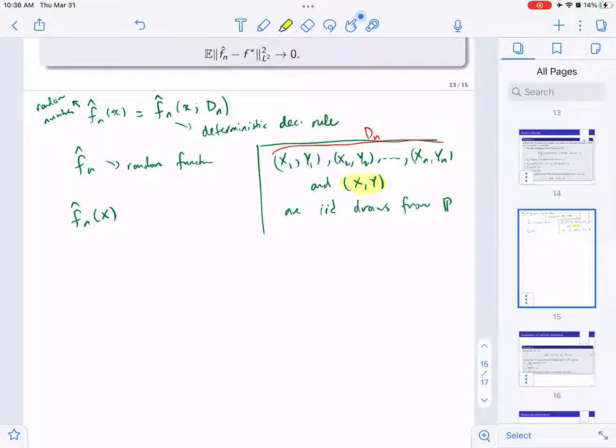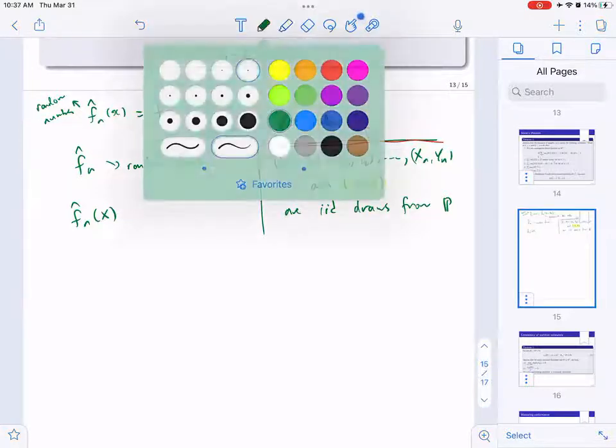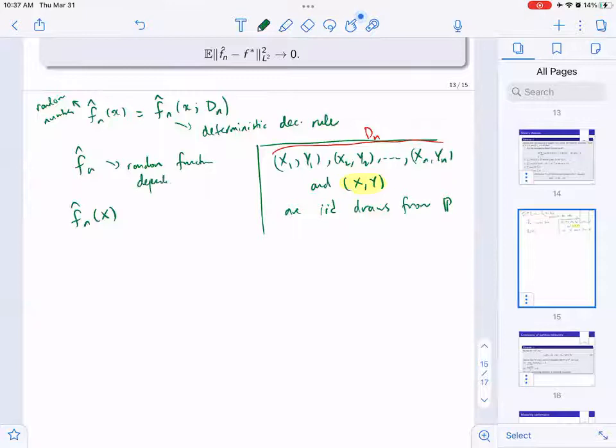So this is a random function dependent on the n, and this is a random number dependent on Dn and x.